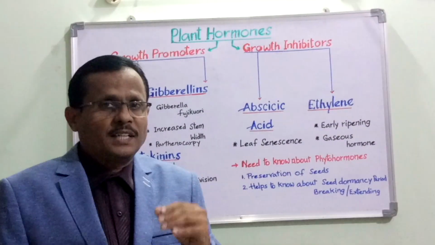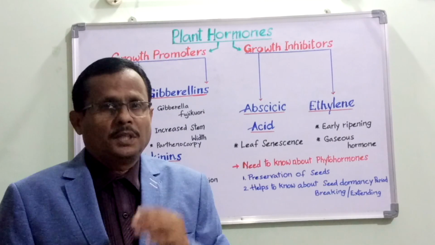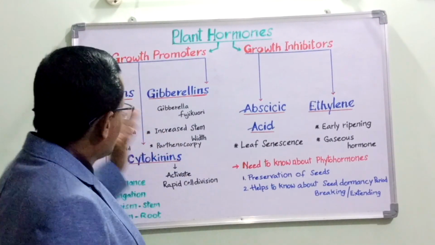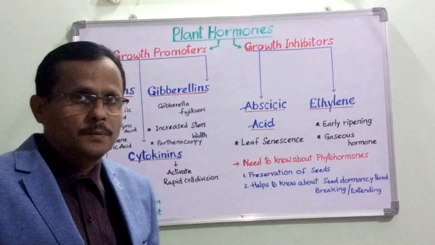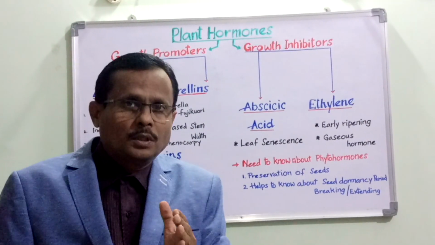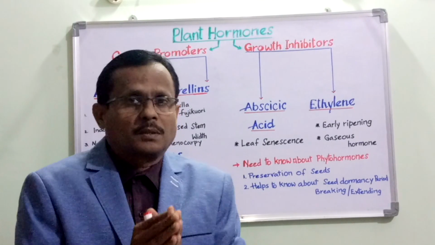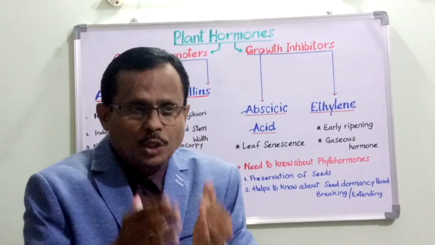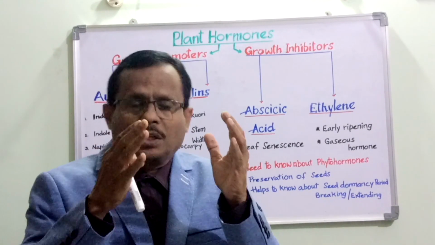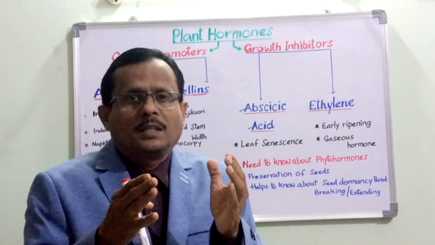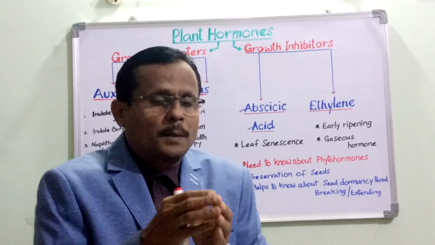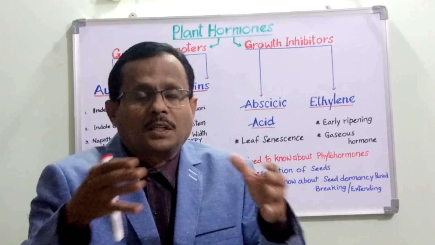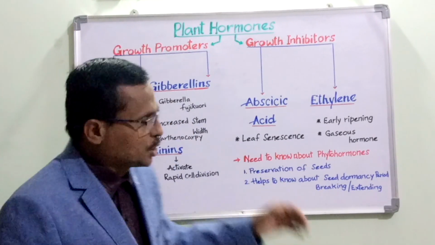Actually, a scientist by name Went discovered the auxins for the first time. Then let us move on to the concept of gibberellins. Gibberellins are also responsible for the growth of the plant. As in the case of auxins, gibberellins too contribute to the growth of the plant, not of course the vertical growth but the horizontal growth, means the width or the girth of the stem is increased rapidly by the activation of gibberellin.